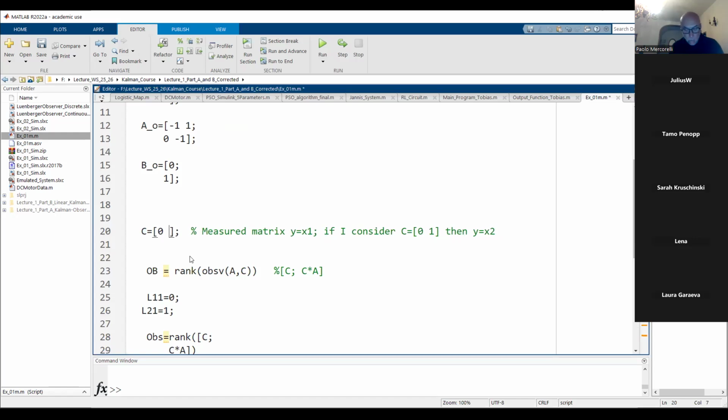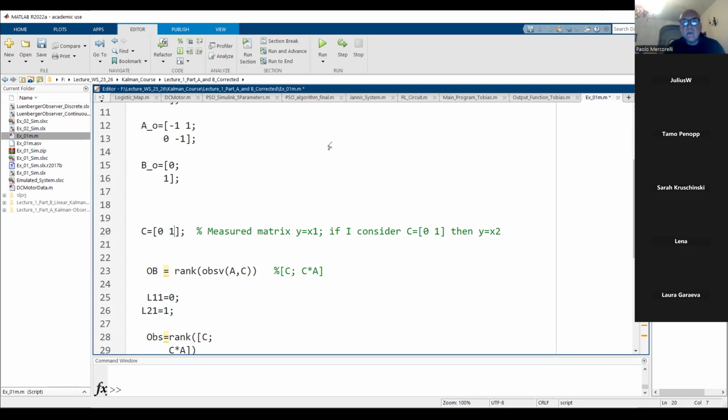If I measure x2, I cannot have information about x1. This means the system is not fully observable, because I have information about x2 because I'm measuring. Trivial. But about x1, I don't have it. We don't have a connection between the dynamics related to x1 and x2.